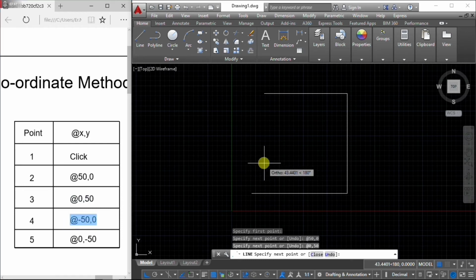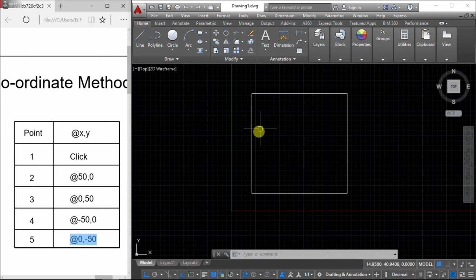Likewise, entering the following points, that is, the fourth point is @minus 50, 0, and lastly @0, minus 50. In this way, we can draw this diagram by using the relative rectangular coordinate method.